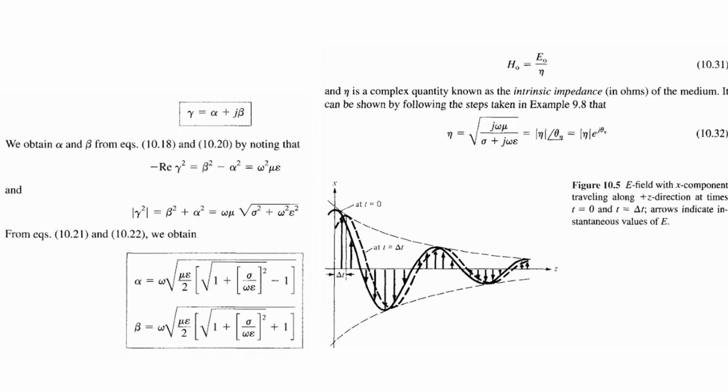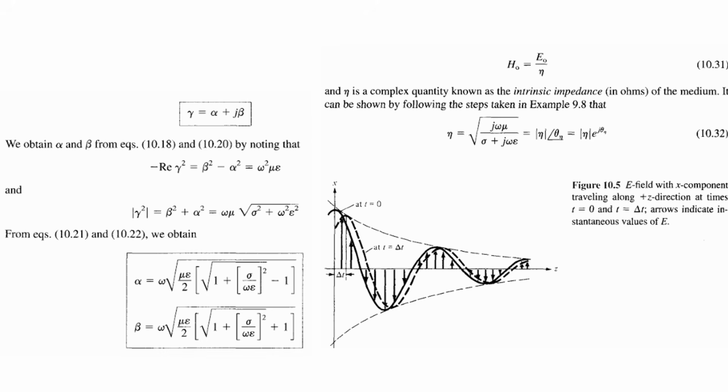Also, the propagation constant is a combination of a real and an imaginary part, that is alpha plus j beta. So now our target is to find the values of alpha and beta. The question is, how can we find them? We have two unknowns and two equations.